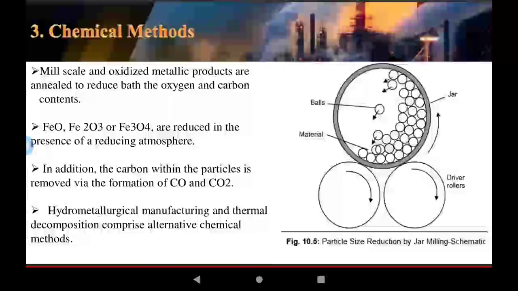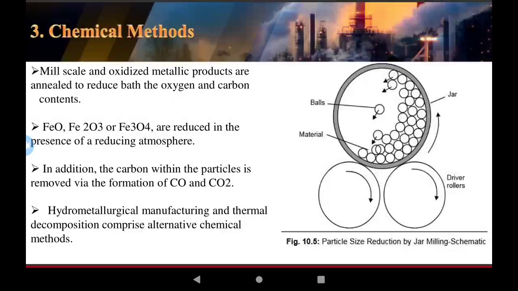In the chemical methods, the scale of oxidized metallic products is reduced, lowering the oxygen and carbon contents in the materials. Iron oxides such as ferric oxide, Fe2O3, and Fe3O4 are reduced in a reducing atmosphere in this operation.